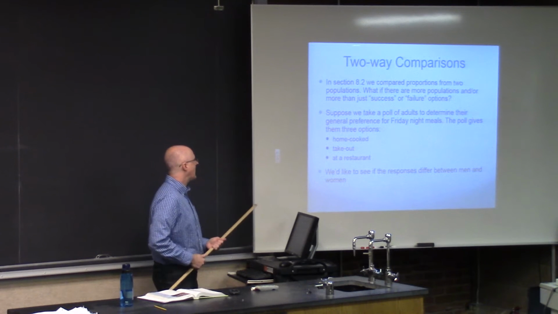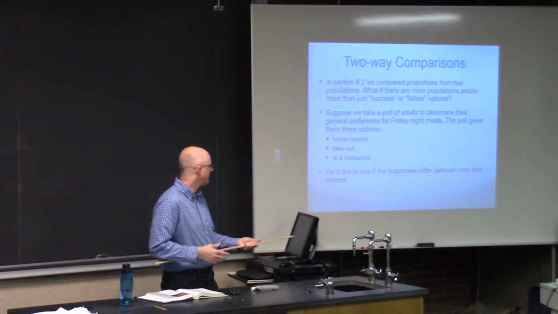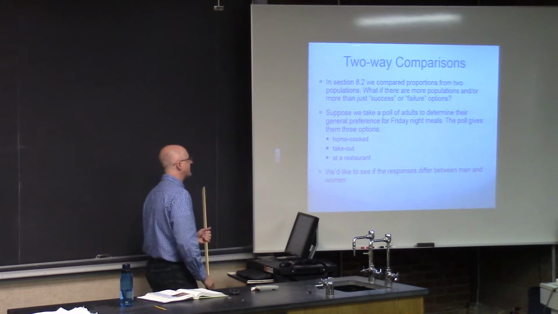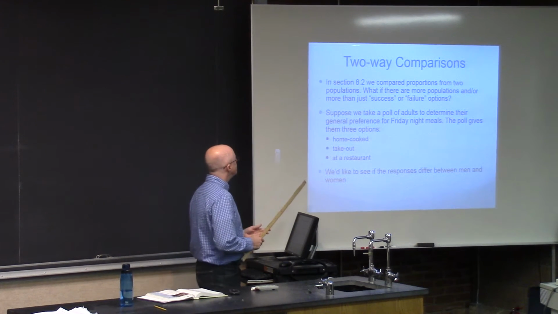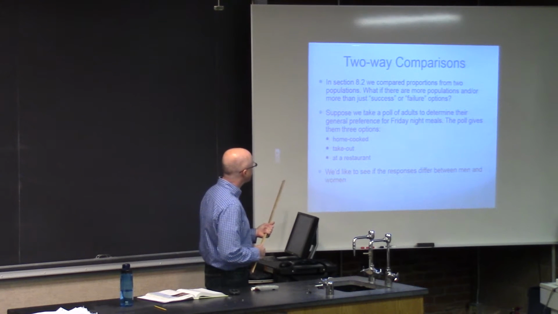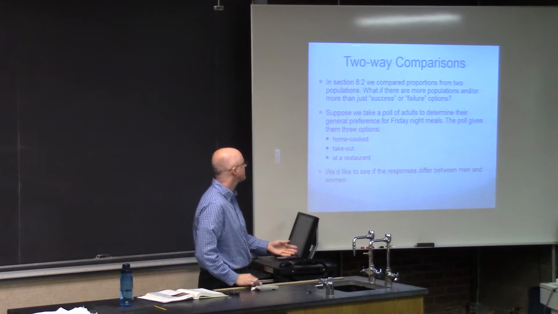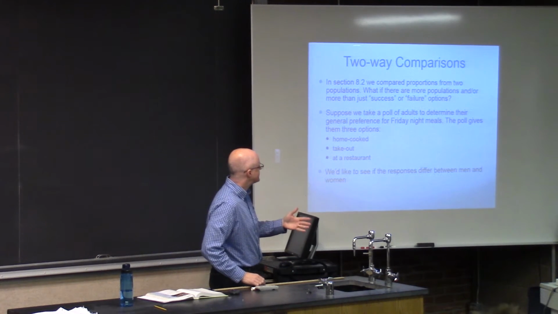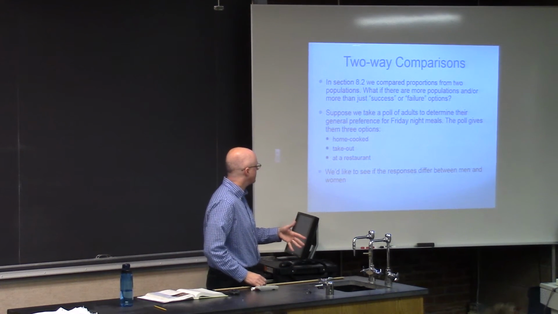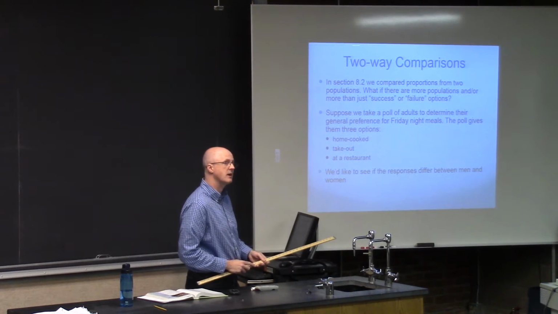And you've got another categorical variable, and that would be the sex of the person, male or female. And we'd like to see if the responses differ. You might think, as a natural thing to do, that perhaps there are differences between men and women. Perhaps the person's sex is the explanatory variable, and what they want for dinner on a Friday night is the response variable.